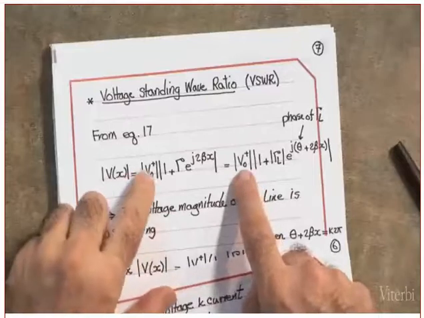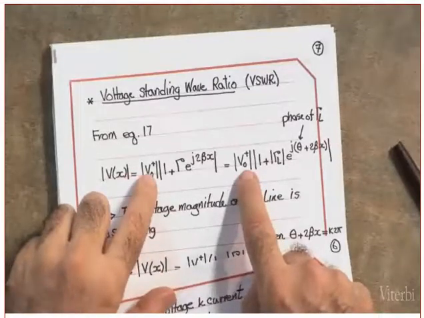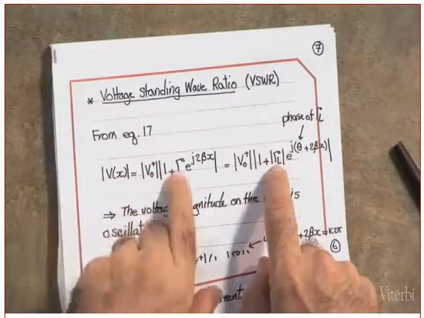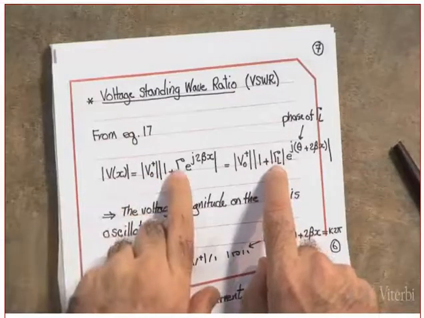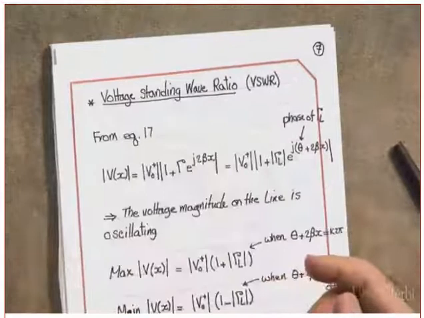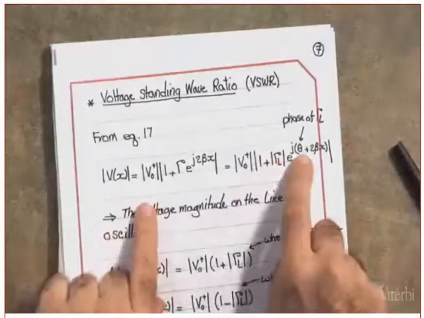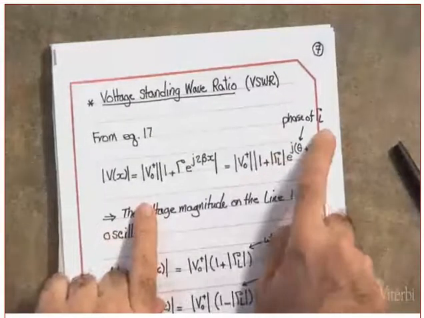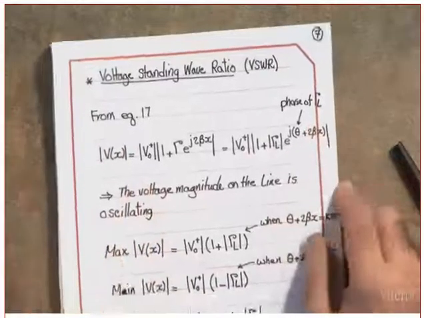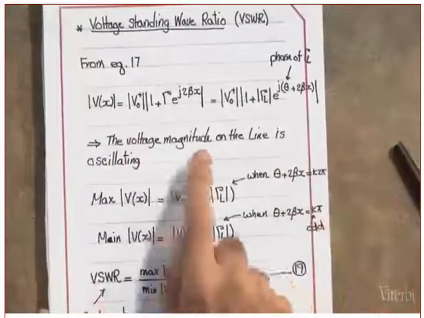This is equal to the absolute value of V0 plus times 1 plus gamma. The gamma is in general complex, which means you can write it as a magnitude times the phase. So what is this theta? That theta is the phase of the gamma L. Did you get this or not? Yes or no? Okay.